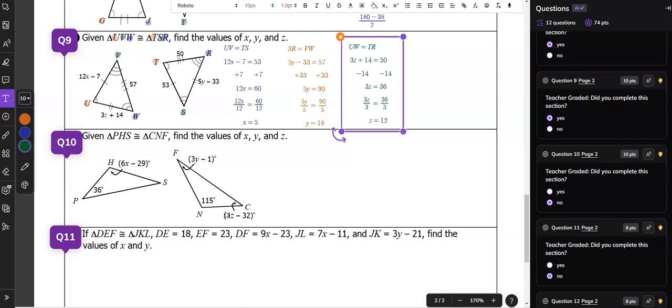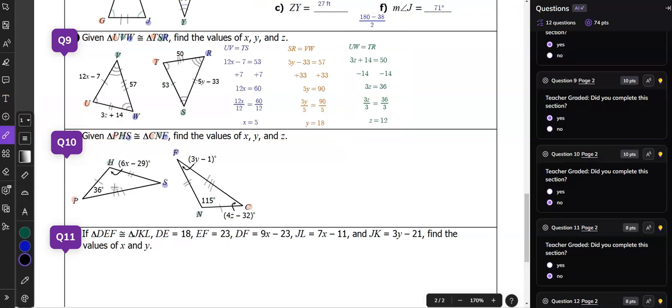All right, moving on to question number 10. Given that PHS is congruent to CNF, again, they want us to find the values of x, y, and z. I've gone ahead and marked the angles here and the congruent sides so that we can solve.